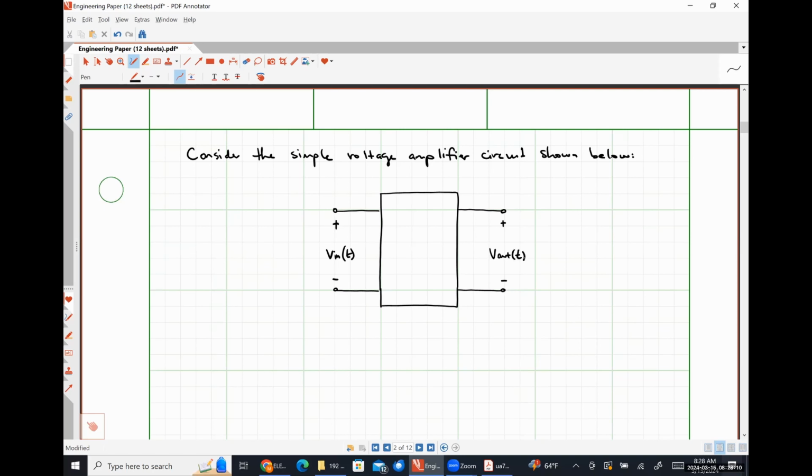Also a time varying signal. And I'm going to draw some lines here to separate this portion of the circuit from the others. So this middle bit right here represents our voltage amplifier.